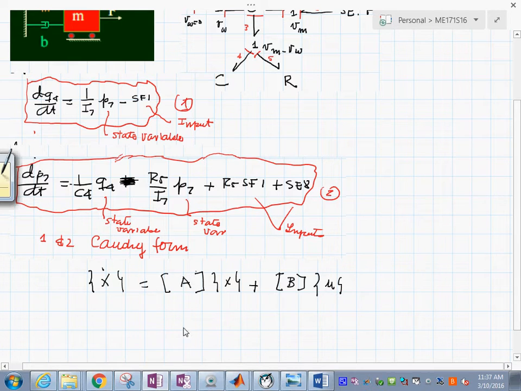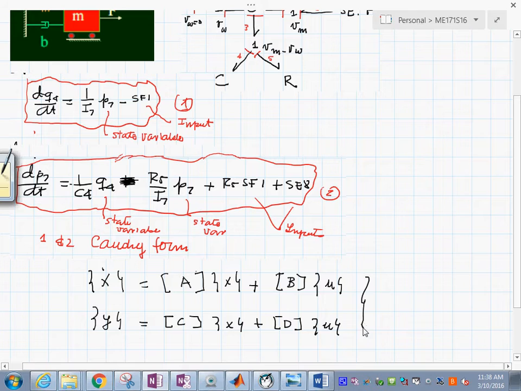So what I'm going to do is, in order to build this vector, I'm going to say, what did we have? dq sub 4 dt is one derivative, right? And then we have the other derivative, that is dp sub 7 dt, right?